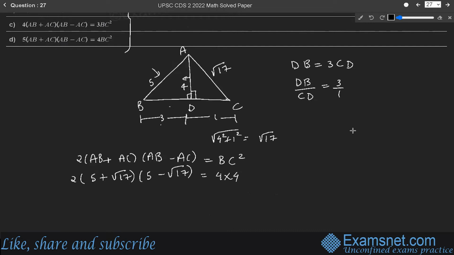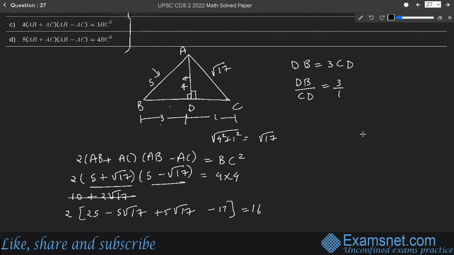Now, multiplying it, 10 plus 2 root 17. Or we can do one thing, let us multiply both the brackets. So 2 into 5 is 25, minus 5 root 17 plus 5 root 17 minus 17 is equal to 16.